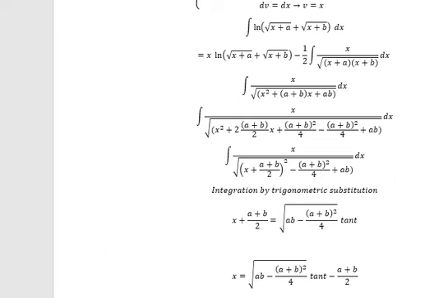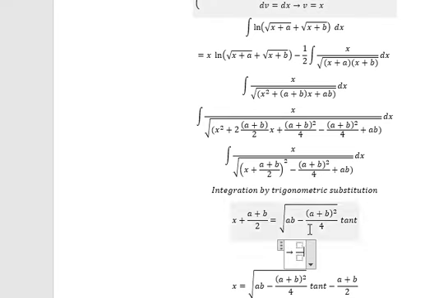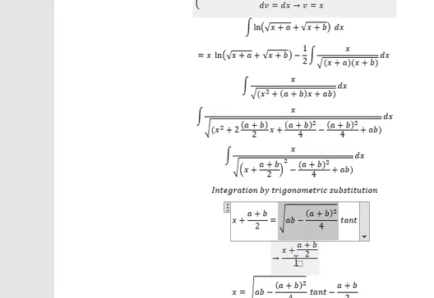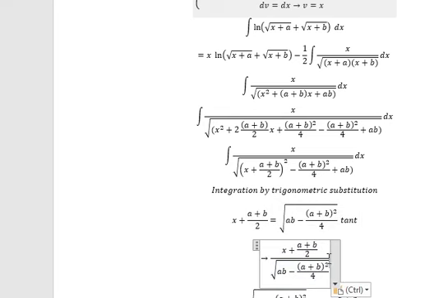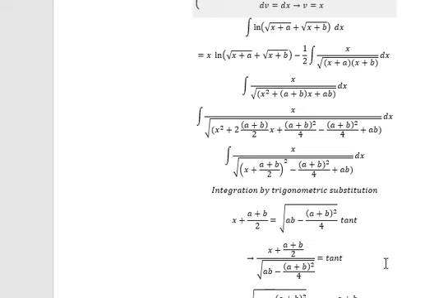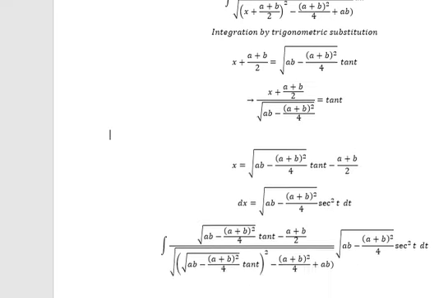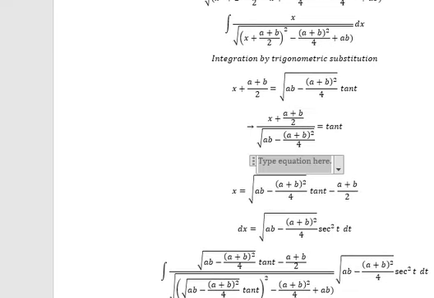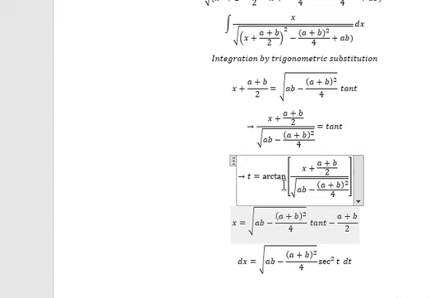So we get like this. And now we can find the value of t. That is arctan of this one. So I will put this one to change for t.